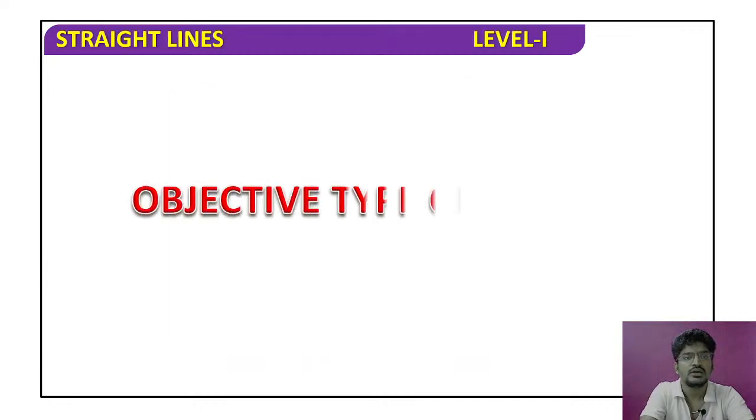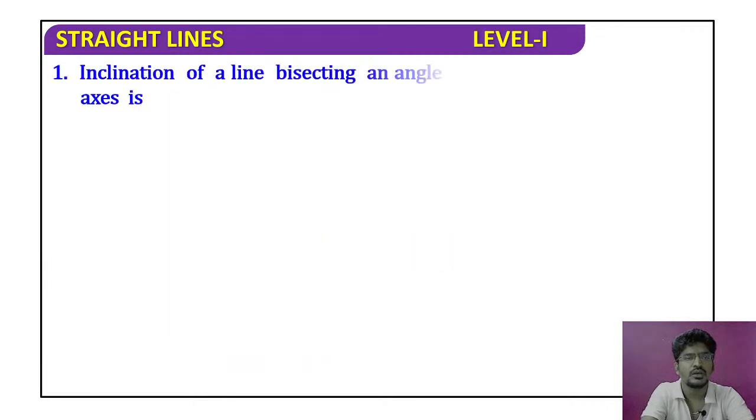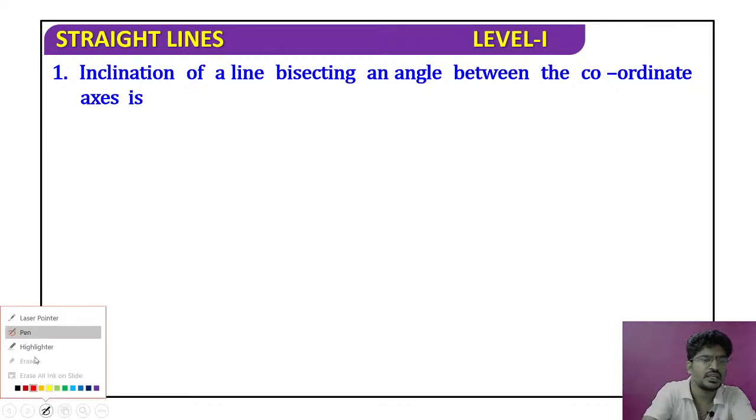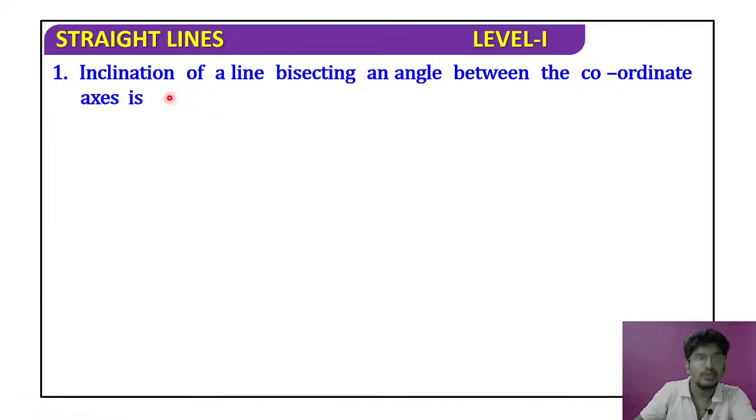Okay, see problem number 1 of today's class. The inclination of a line bisecting an angle between the coordinate axes is.